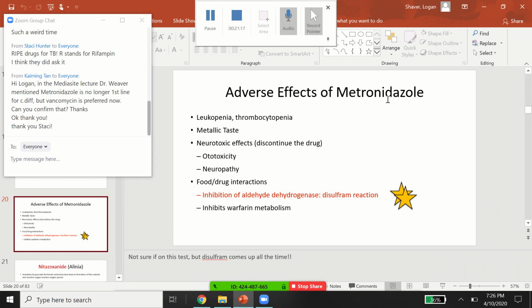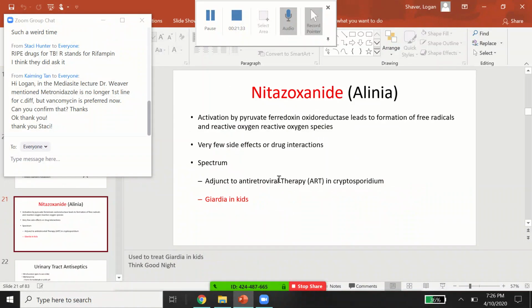The reason is that metronidazole can lead to inhibition of aldehyde dehydrogenase. Like I said, it's mentioned later in the slides. I have a slide kept in there for it, so I'll cover it when we get to it.